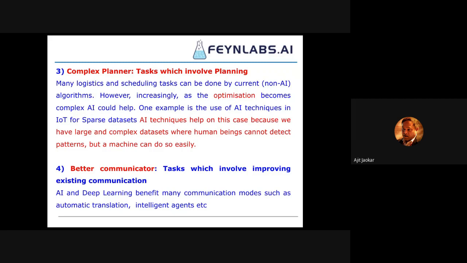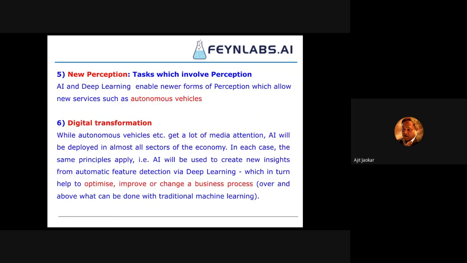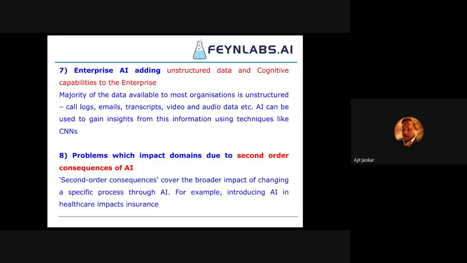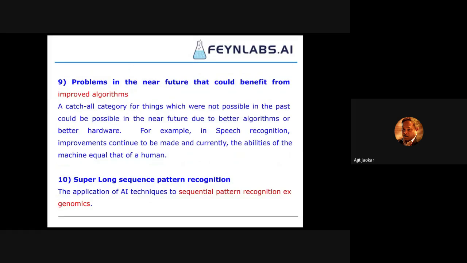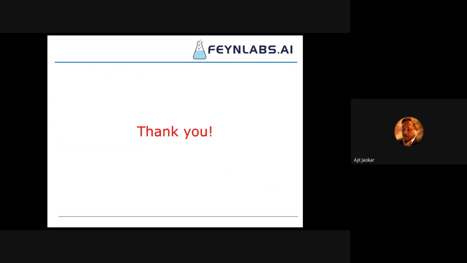You can think about better communication, which involves understanding what the communications are, like a chatbot. You can think about perception, like autonomous vehicles, digital transformation, enterprise AI, insurance, and things like this. So there are a number of areas, the classic problems, which can be solved. The last one is quite interesting. When I mean super long sequences, meaning that you are able to look at very long sequences such as genomic sequences and so on, and identify something from there.